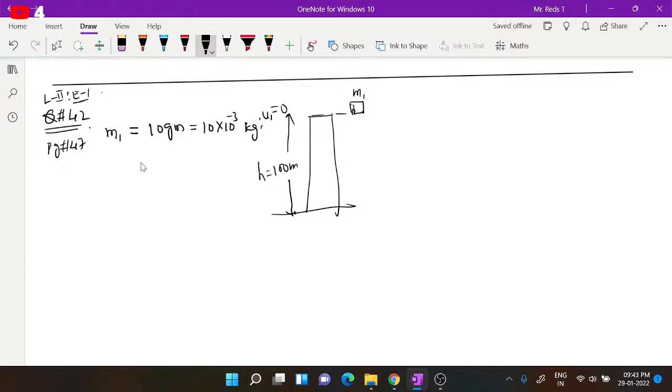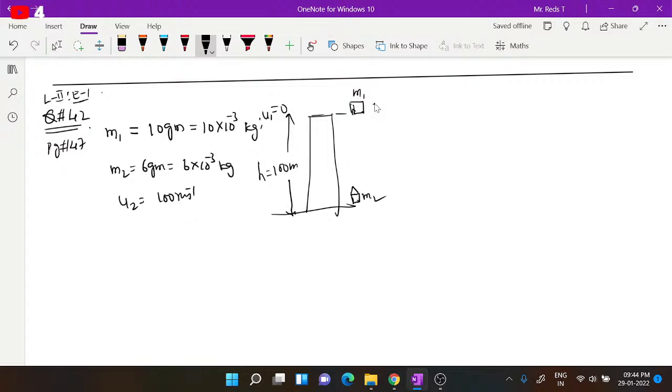At this time, a small bullet of mass m2, which is equal to 6 gram, that is 6 into 10 to the power minus 3 kilogram, is fired up with a velocity u2 equal to 100 meter per second in the upward direction, simultaneously.